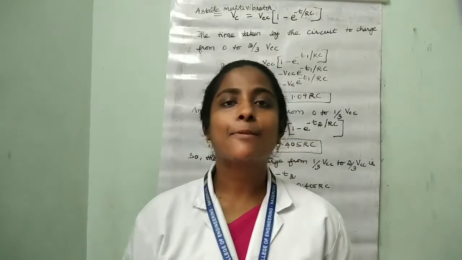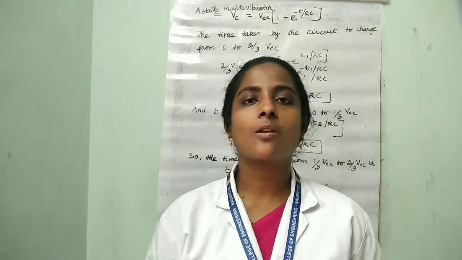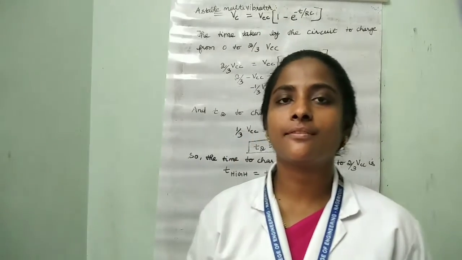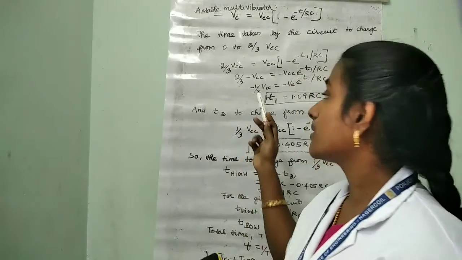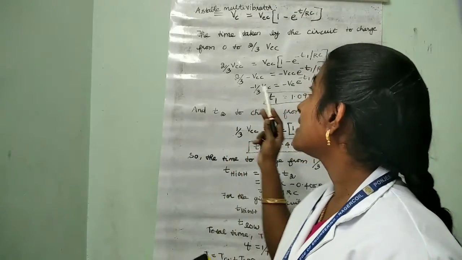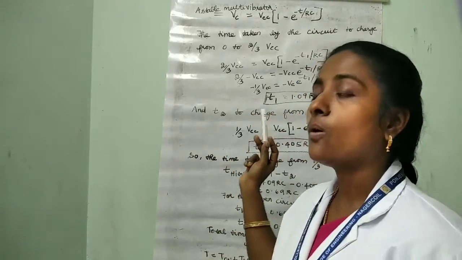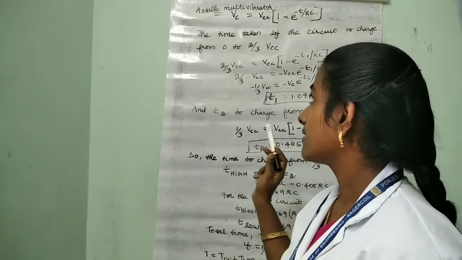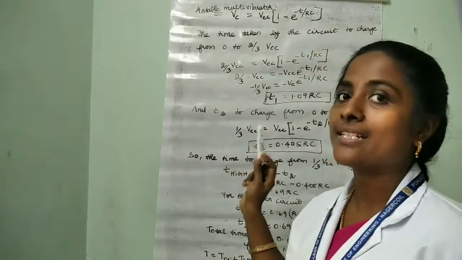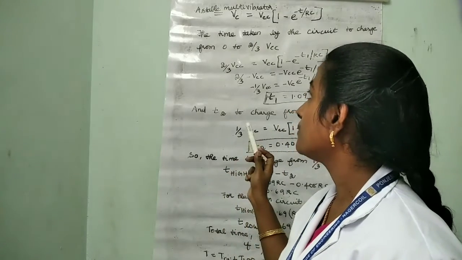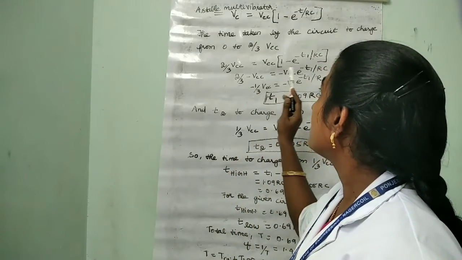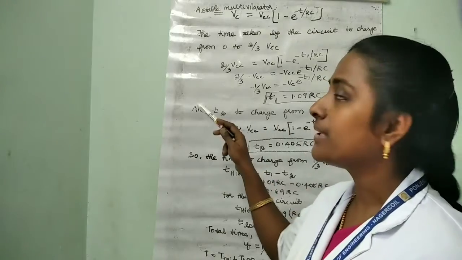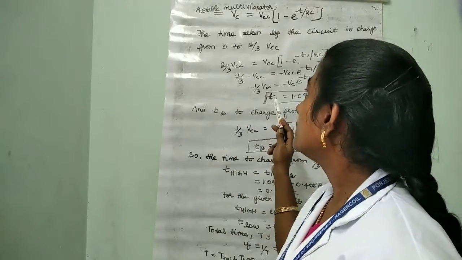Okay, the capacitor voltage across the low pass circuit RC is given by this equation. We have already known VC equal to VCC into (1 minus e power minus t divided by RC). Now we can see for time t1, the time taken by the circuit to change from 0 to 2/3 VCC.